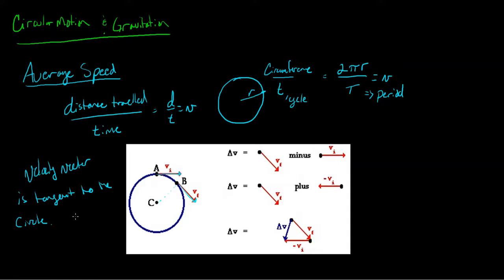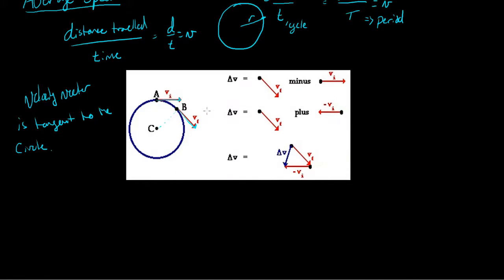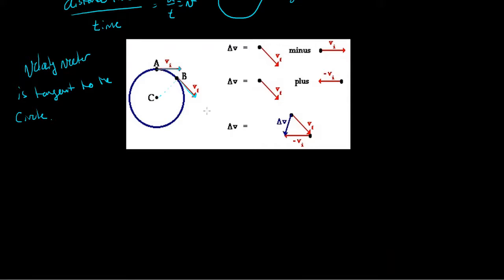This brings us to our acceleration, and acceleration for a circle can have two things. It can either have a change in the speed.